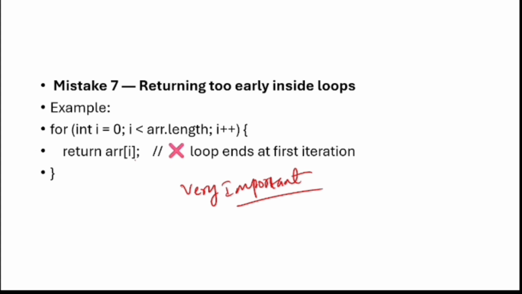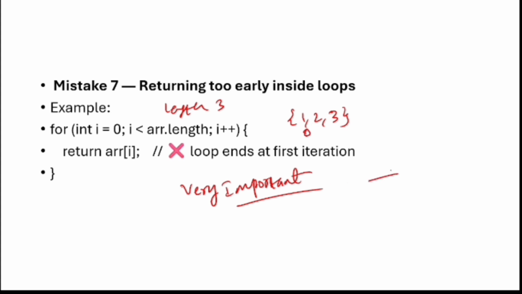So here what will happen: i value is 0, and let us suppose length is 3, 0 is less than 3, yes, it will go inside and return array of 0. Whatever is at index 0 will get returned.